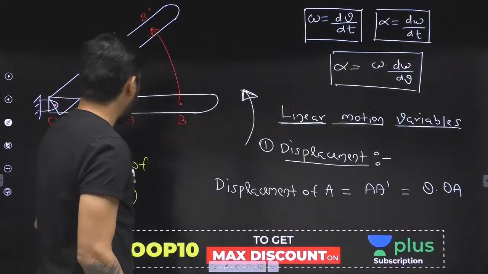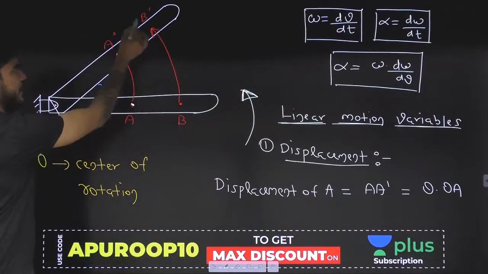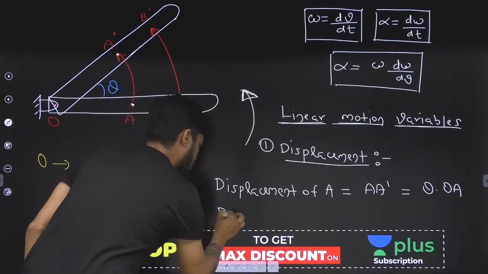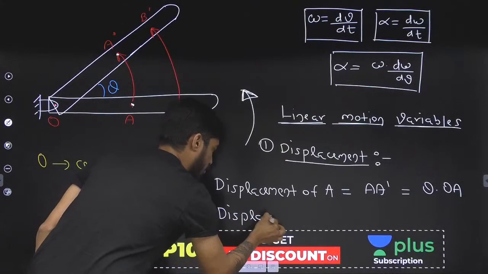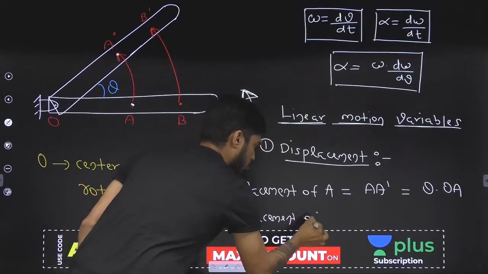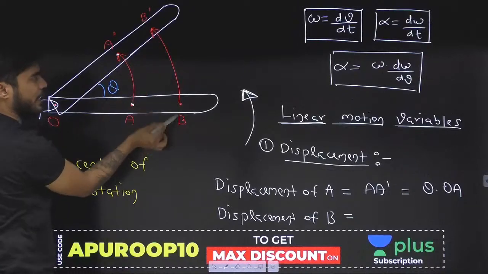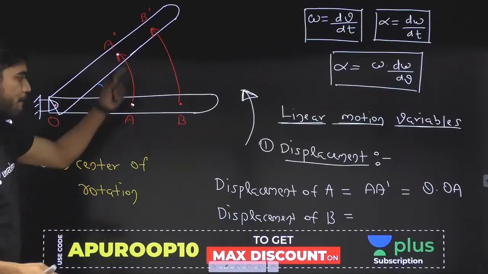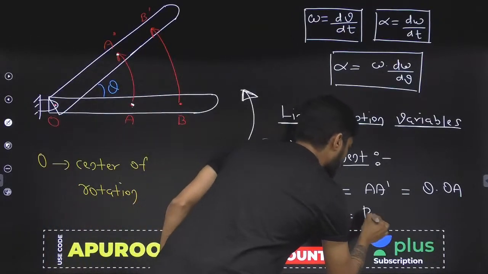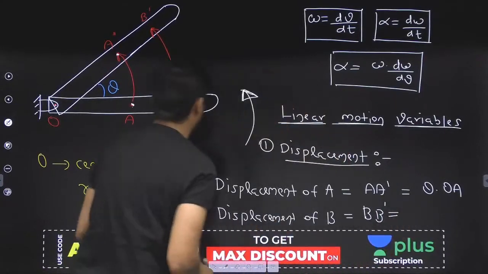Right? And if you see the linear displacement of B, how much distance is B covering? BB dash. And what is BB dash?